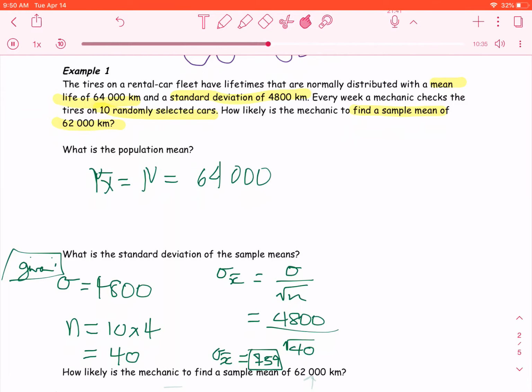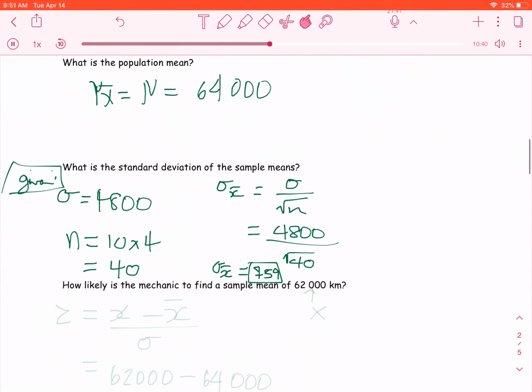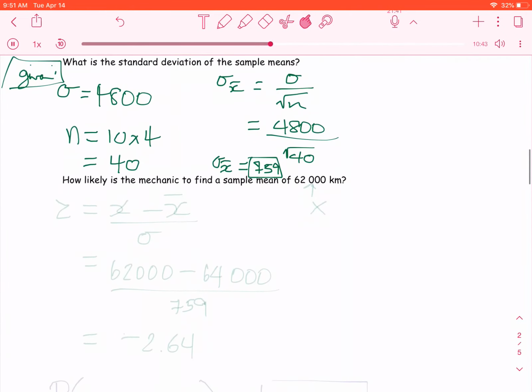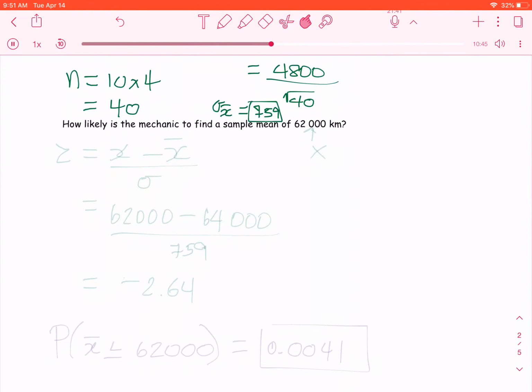Now, we were asked at the bottom of our example 1 question, how likely is the mechanic to find a sample mean of 62,000 kilometers? So we want to see what the probability is that we can actually find a sample mean of that given kilometer value. This means that we have to interpret and use our z-scores. The z-score is equal to x minus x bar divided by your standard deviation.